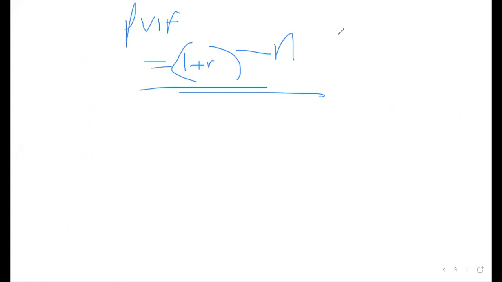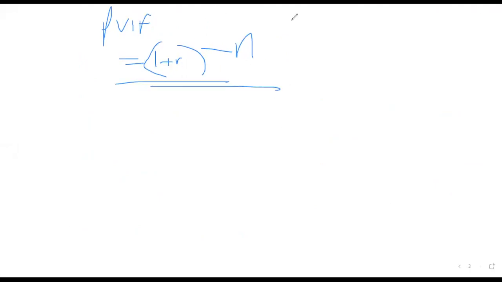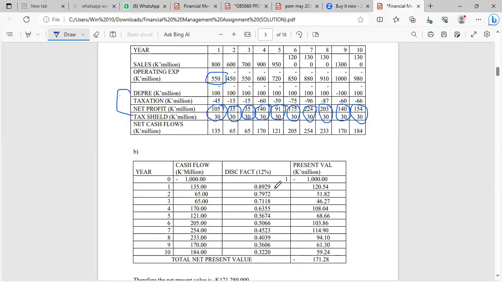So this is what goes on here. We are using the present values using (1 plus r) to the power negative n for anything that you are doing here.